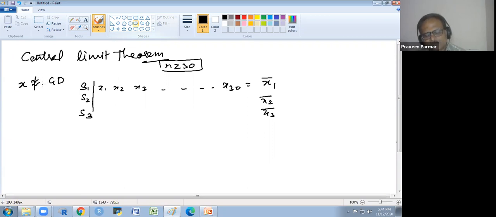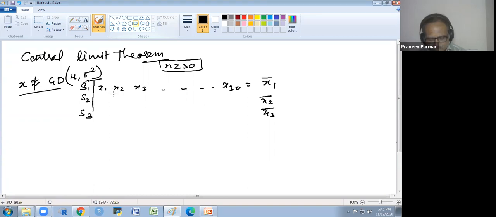In this population the mean is mu, and we could say the population variance is sigma squared. So it is from any sort of distribution. It may be exponential, it may be uniform, it may be any sort of distribution.